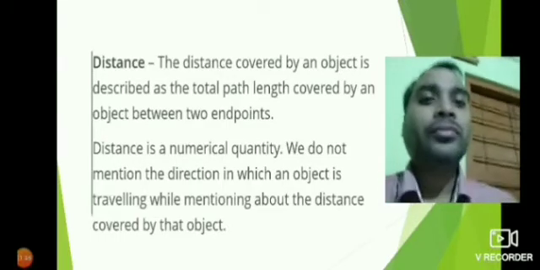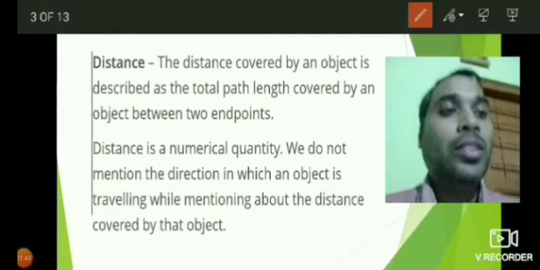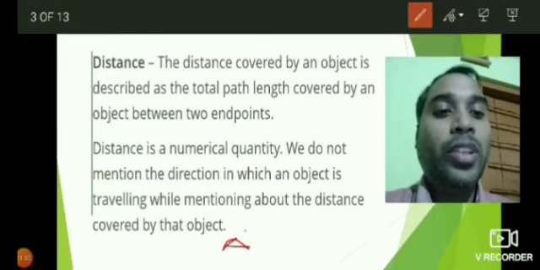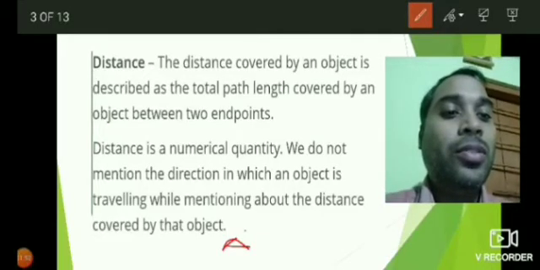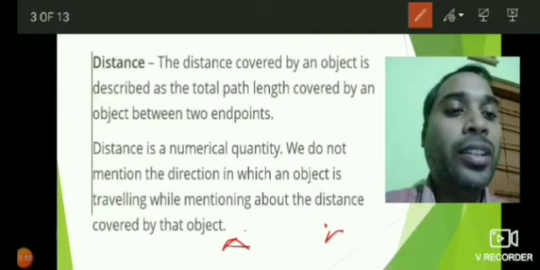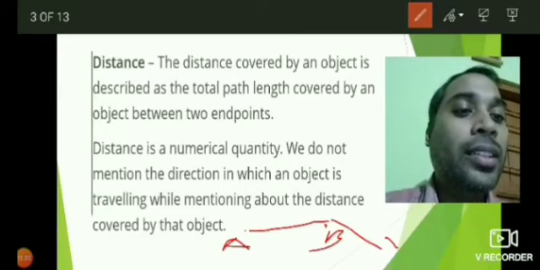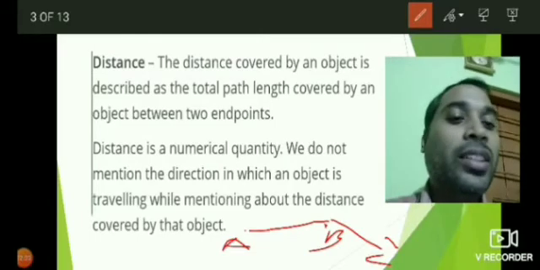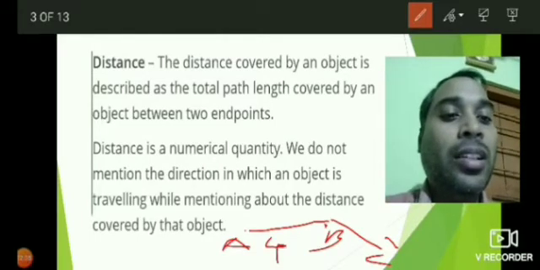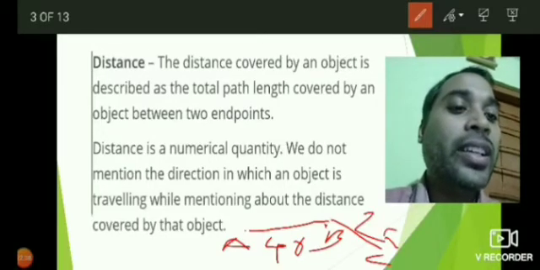Suppose an object starts moving from point A, and it first reaches point B, from A to B, and then it reaches point C, and suppose the distance between A and B is 40 kilometers, and from B to C it is 20 kilometers.